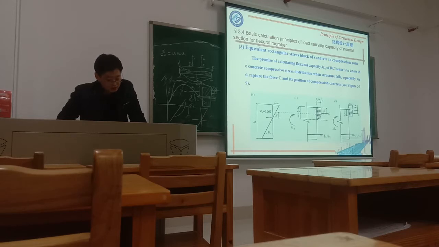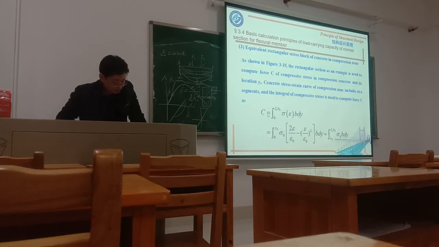This height can be divided into two parts: one part is this curve, one part is this constant value. So for this integral, we divide it into two parts, from 0 to y0, and from y0 to xc.